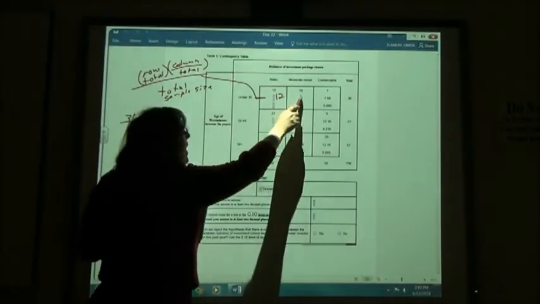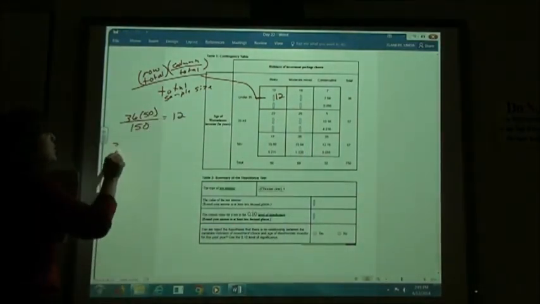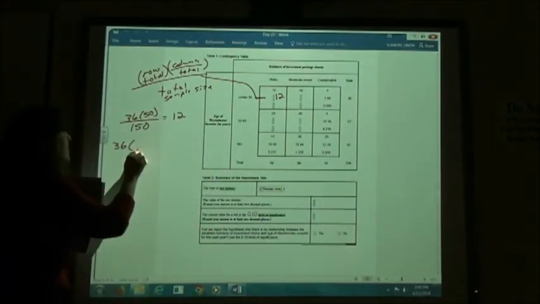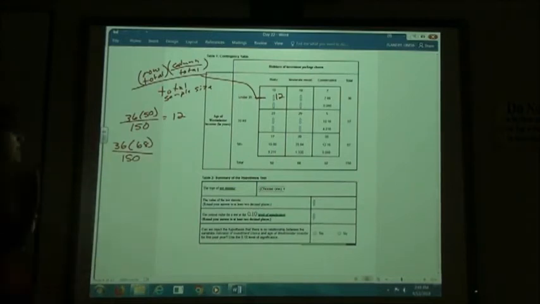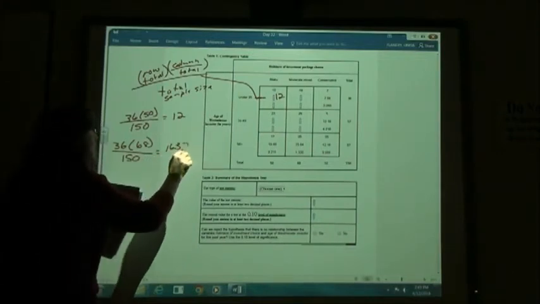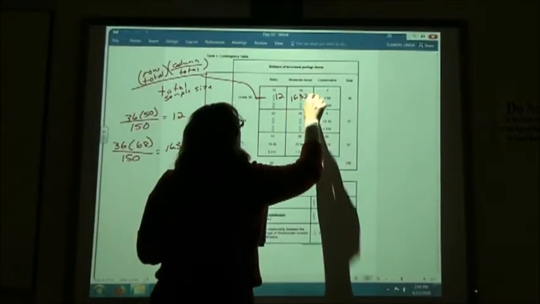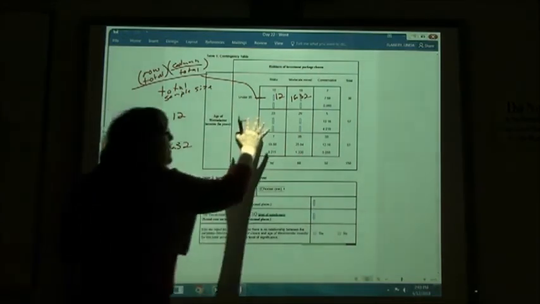I'm going to go ahead and do the top box on the next one. So again, my row total is 36. My column total is 68 divided by my sample size, which is 150. So 36 times 68 divided by 150 would be 16.32. So 16.32 is going to go in that top box. Going to do the same thing here.